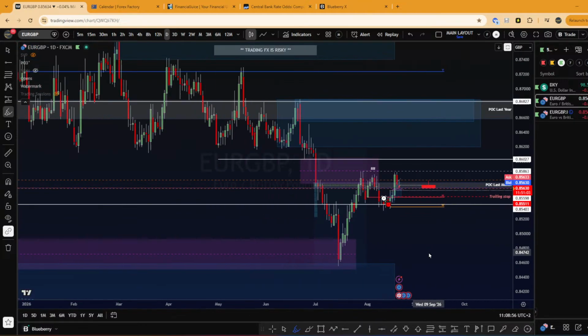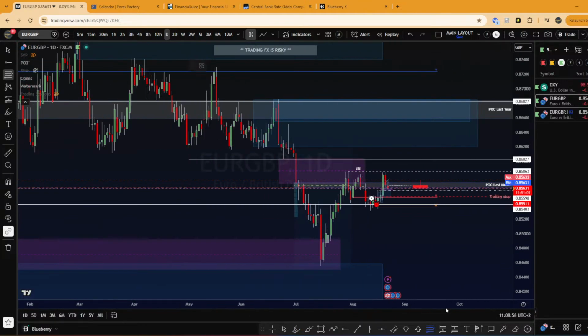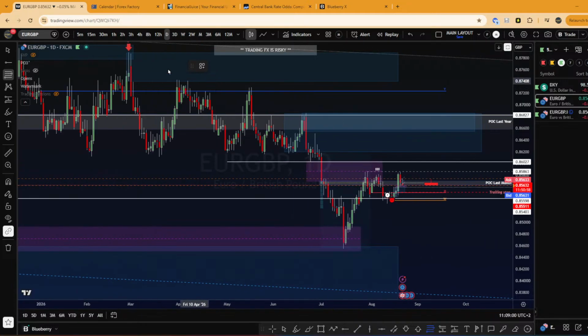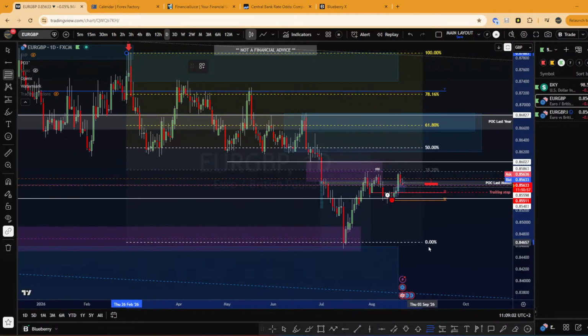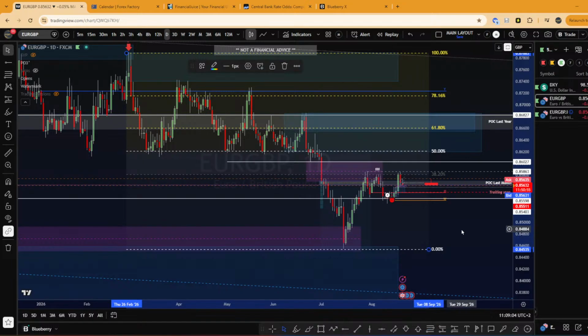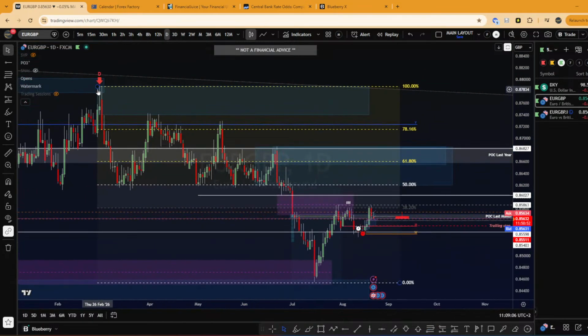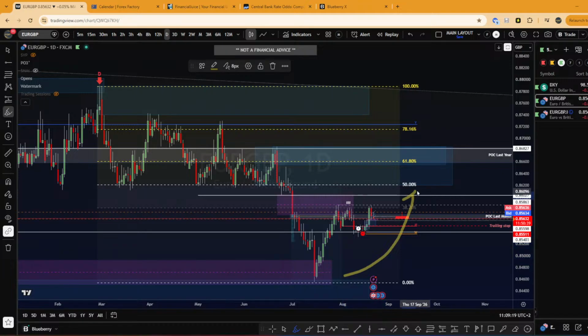Anyway, this is my long-term target. As I explained at the beginning of the live stream, this is my last recent daily leg, daily structure. I'm bearish from this high to this low. So I want to see some retracement because I think in this daily leg we are oversold.